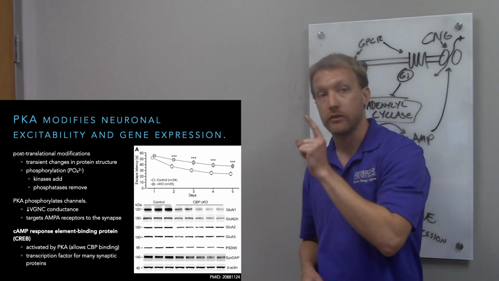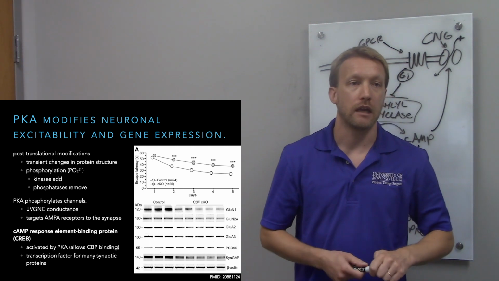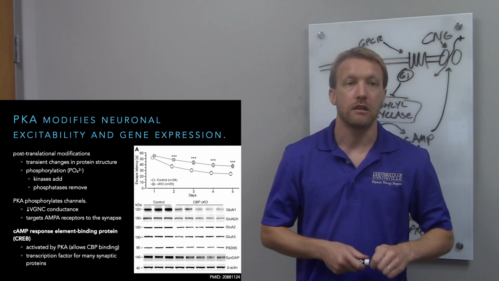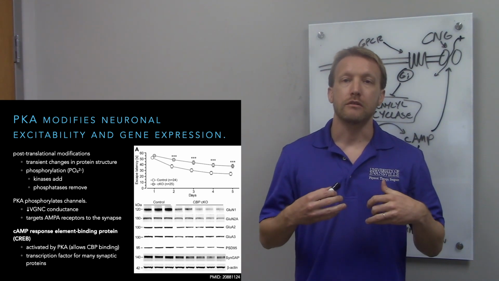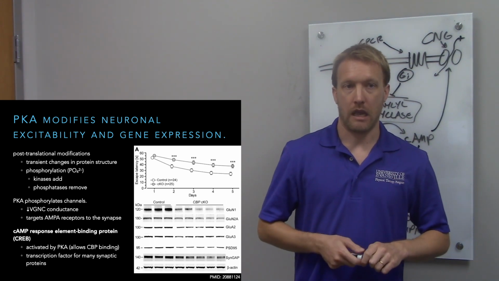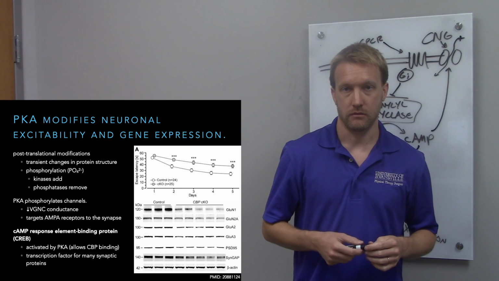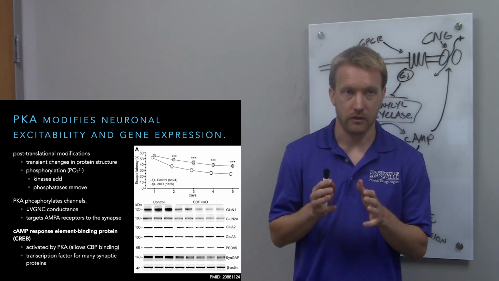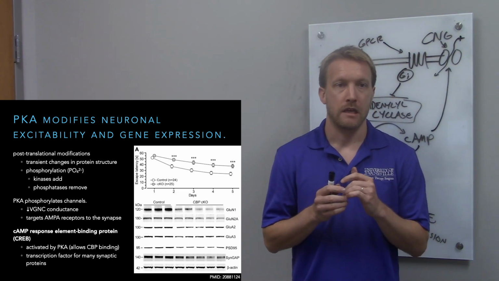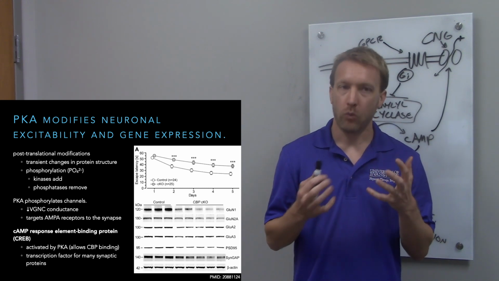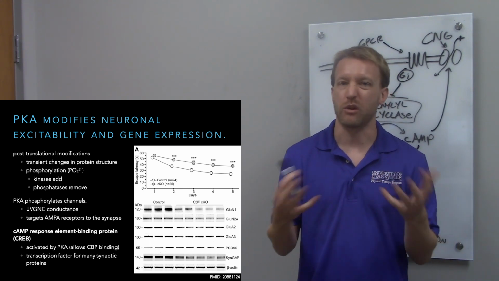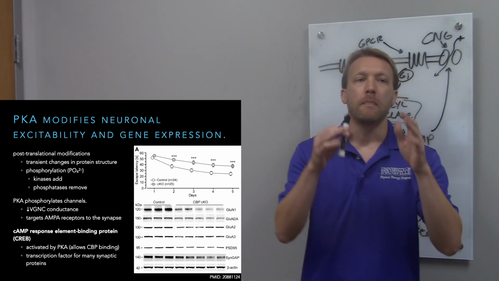Well, what we're looking at over here in these data is the expression of different glutamate receptors and their scaffolding proteins. Okay, so you look on the left, on the bottom. Here we're looking at, I believe, a Western blot, so it shows you the protein using an antibody.